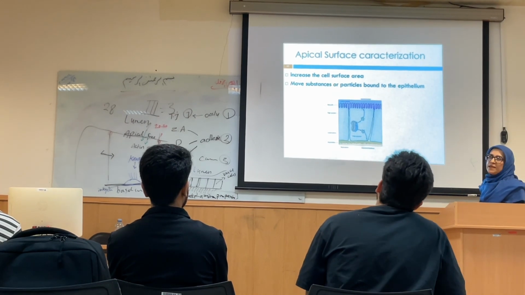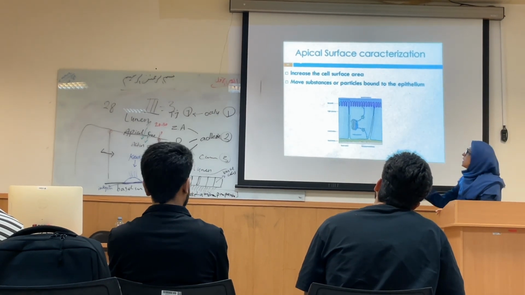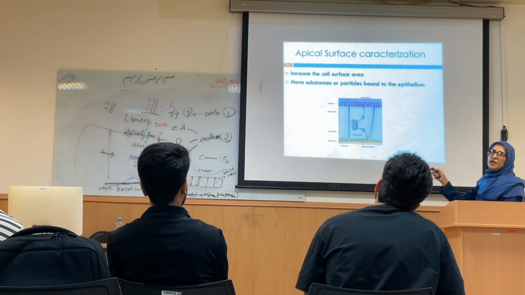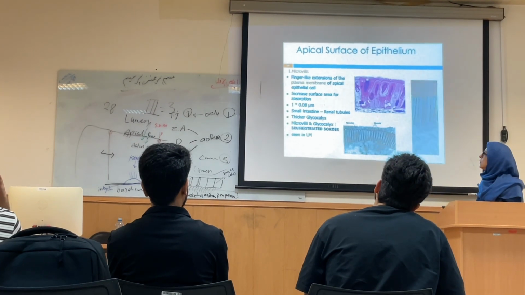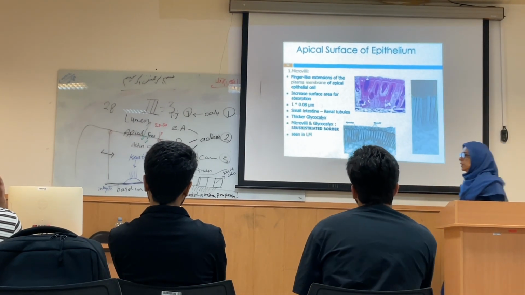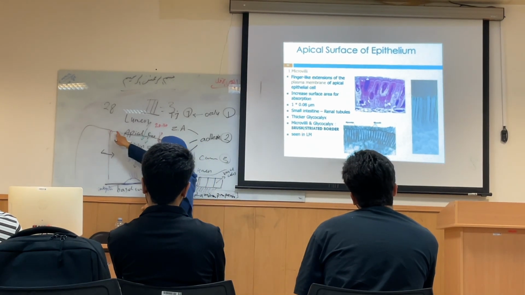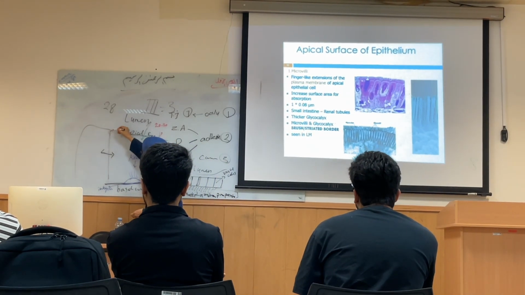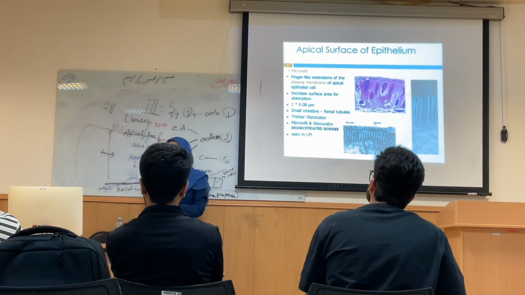On the apical surface are some structures that increase the cell surface area or move something. The first one, microvilli, are projections of the cell membrane on the apical surface.